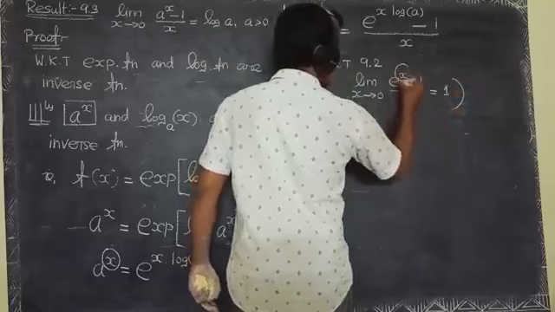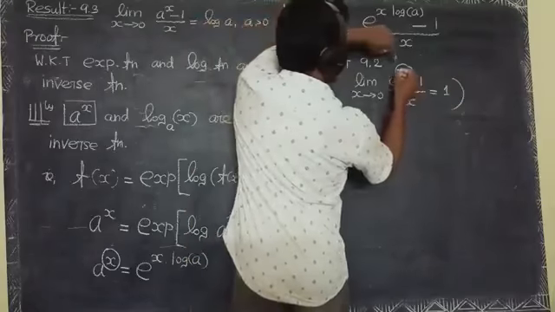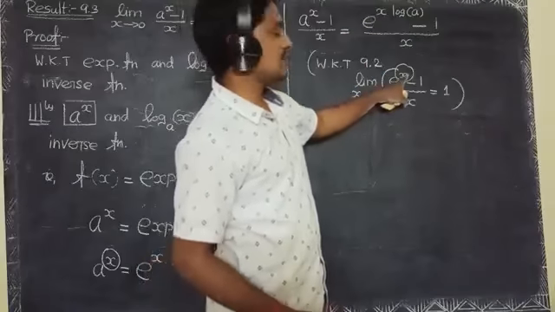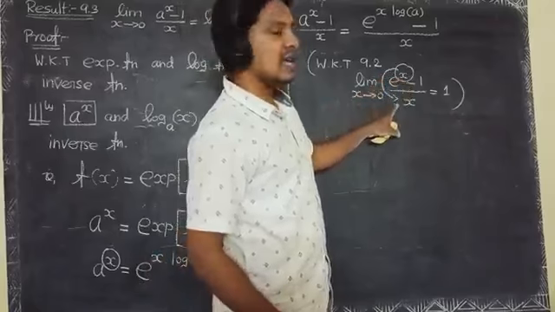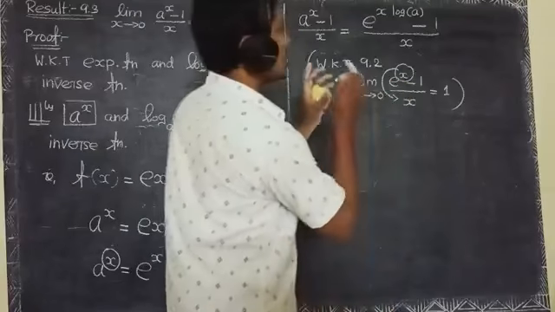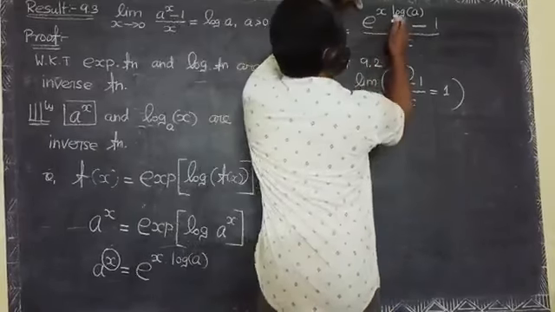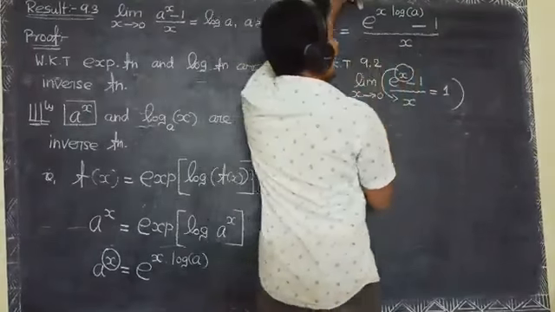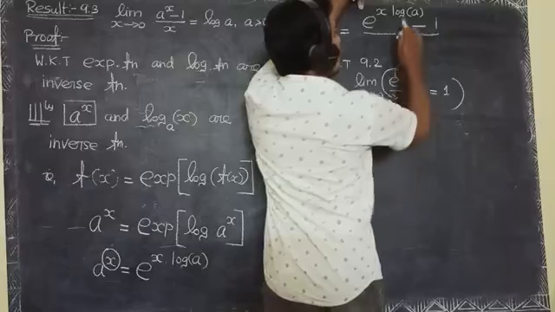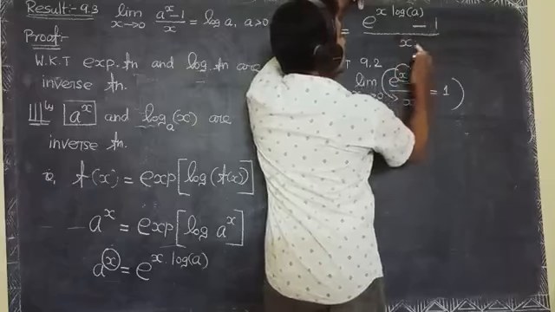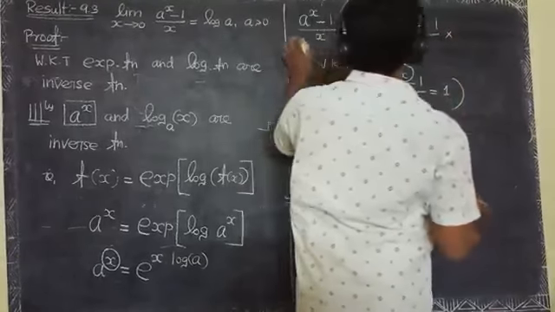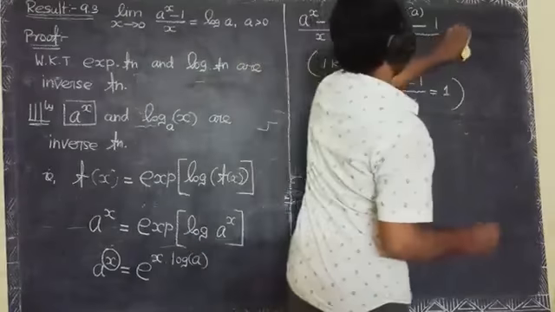There, the exponent and the denominator have the same expression. Similarly, here we have e^(x log a), but the denominator has only x. We want x log a in the denominator, so we multiply and divide by log a.